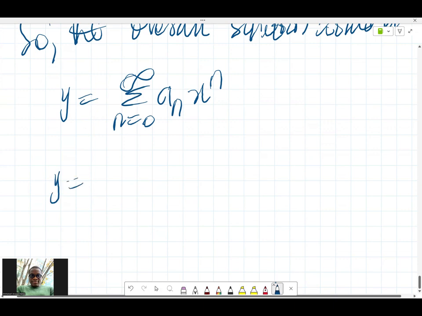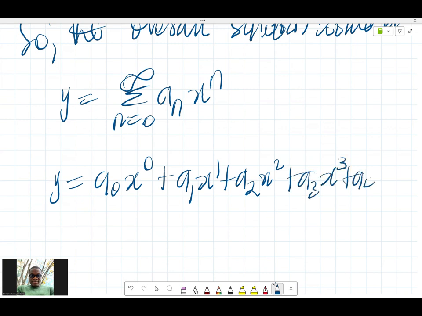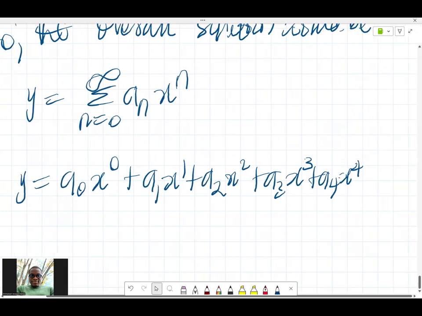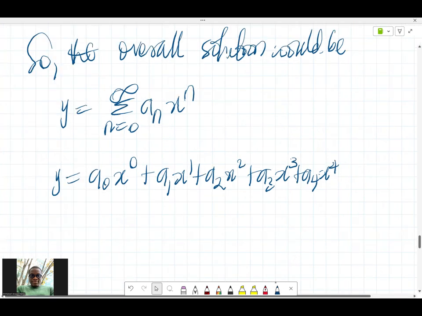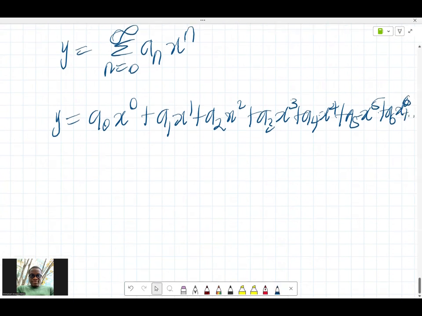So if we expand, from n equals 0, we have a naught x raised to power 0, then a1 x raised to power 1 plus a2 x raised to power 2 plus a3 x raised to power 3 plus a4 x raised to power 4. I think we got up to a6, right? So we have a5 x raised to power 5 and a6 x raised to power 6 and so on and so forth. So we can just fix up all the values.